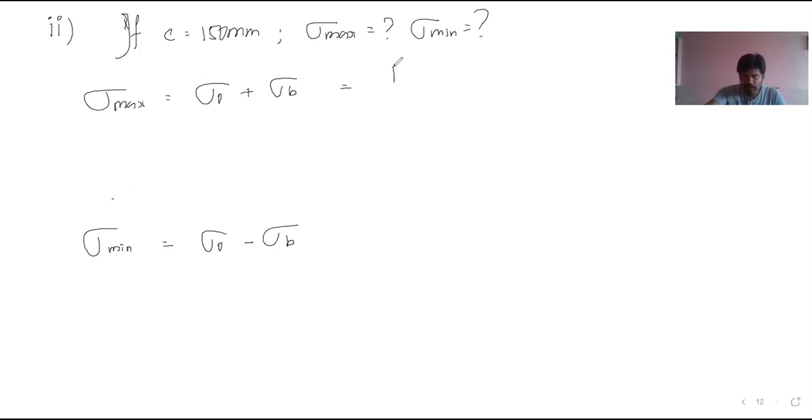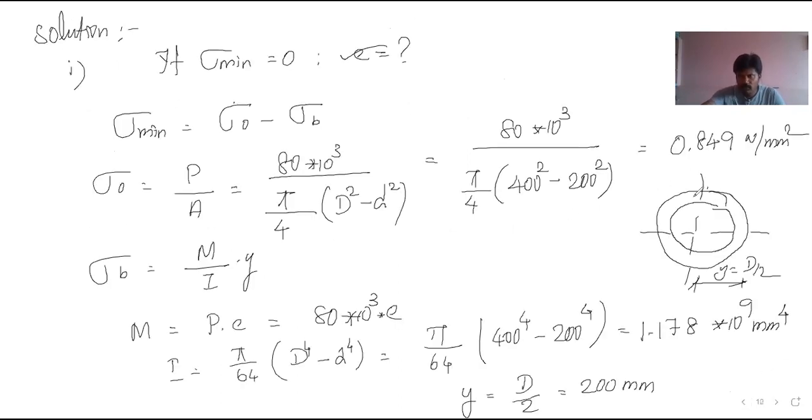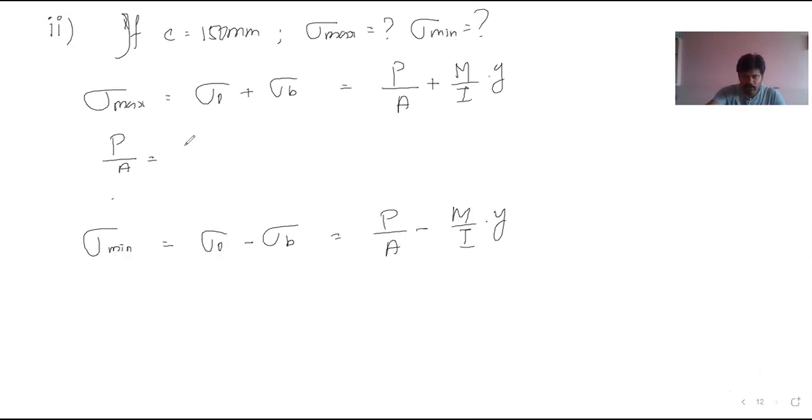Which is nothing but P by A plus M by I into y, and here it is P by A minus M by I into y. The P by A value we calculated earlier, that is 0.849 Newton per mm square, so we take the same value.